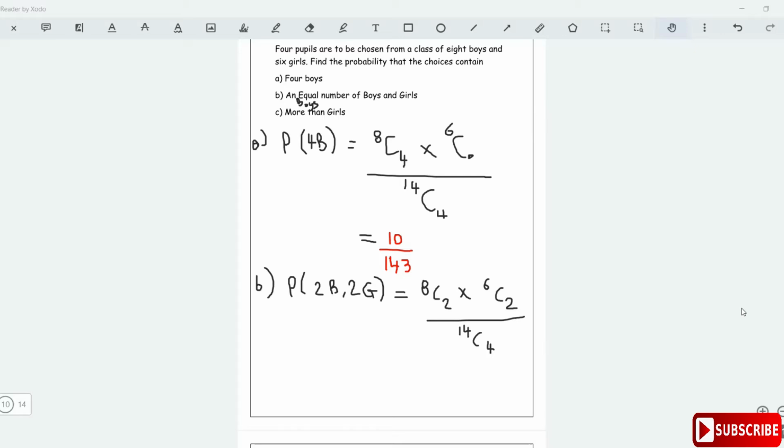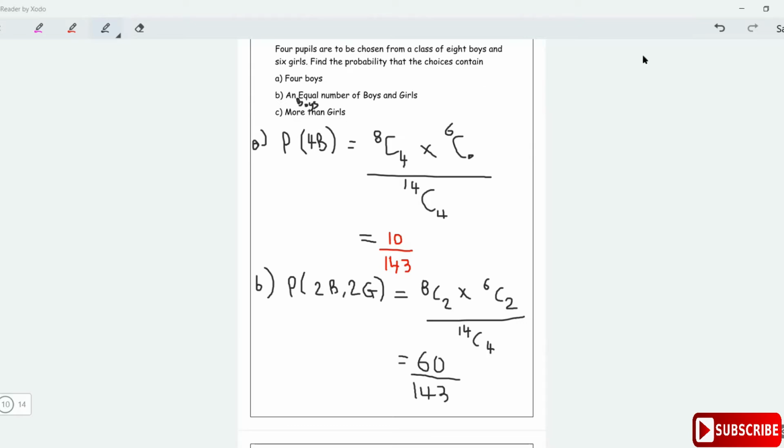Up top here, this was 6 choose 2 times 8 choose 2. That's 60 over 143. Now the last part says, if you choose more boys than girls.